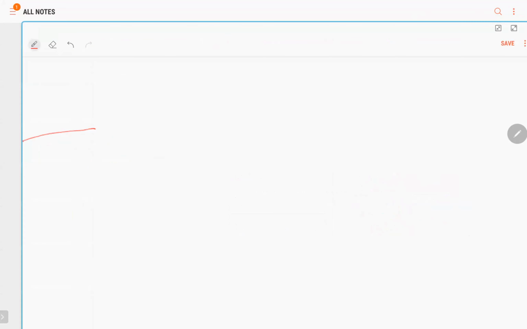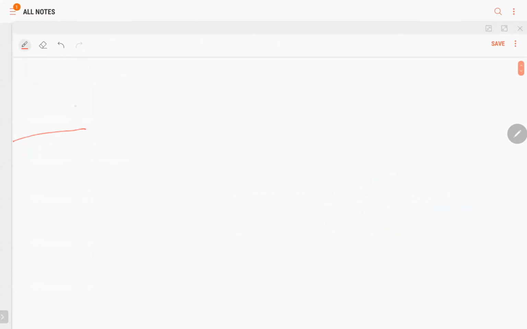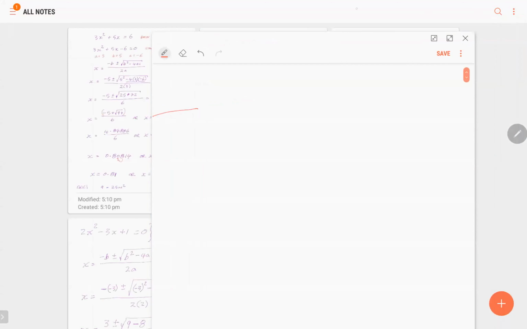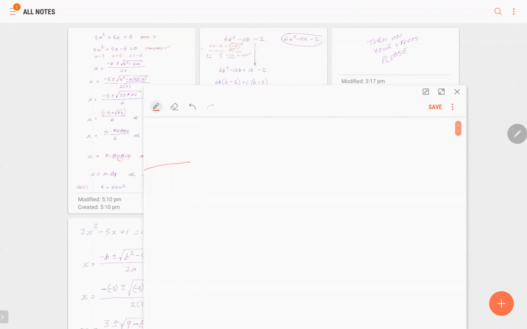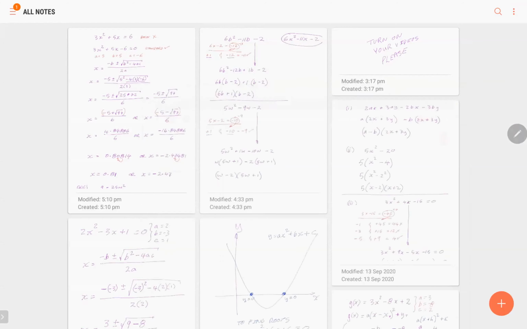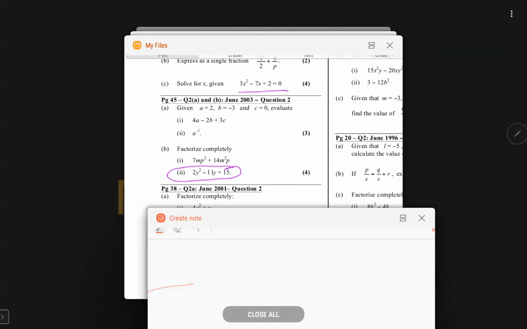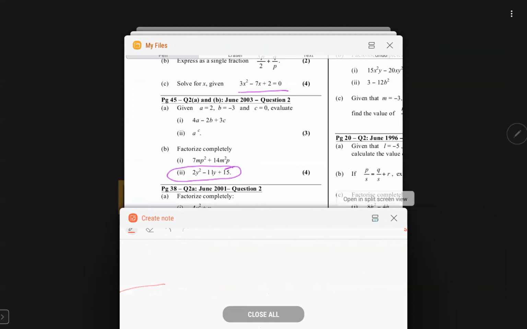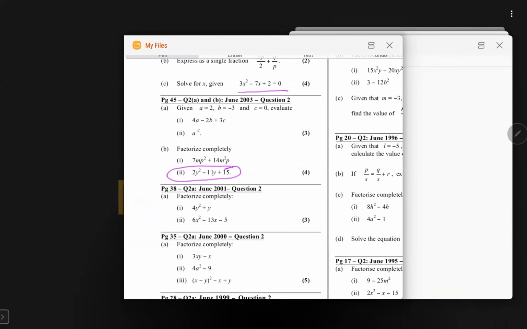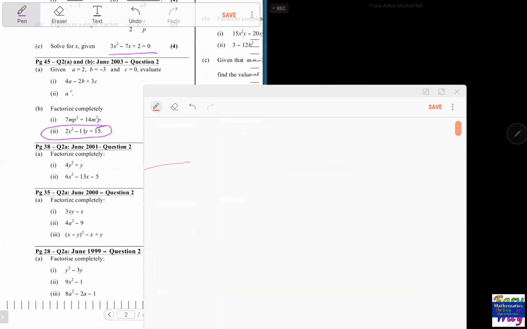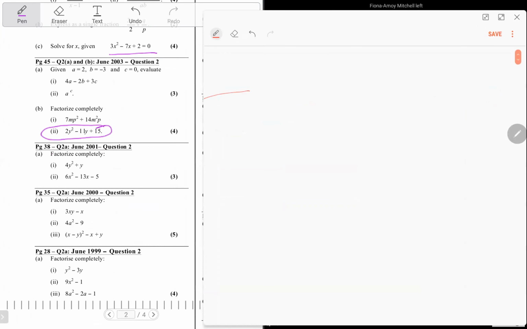Sometimes the thing is kind of cumbersome. Trying to select it and copy it. I see it here now. All right. Where is it? See it here. Okay.